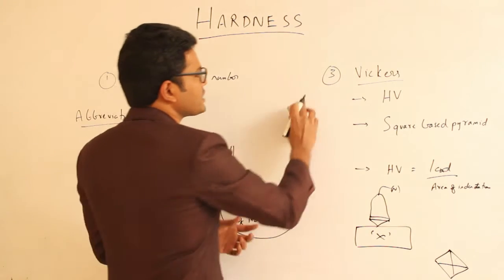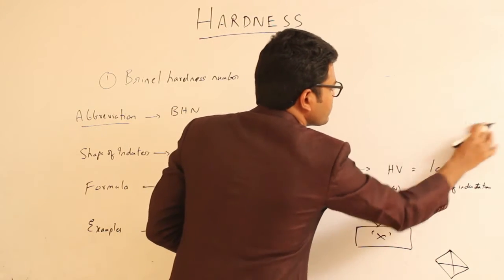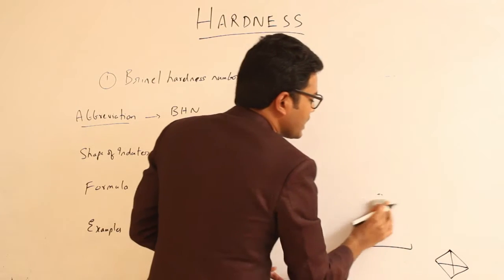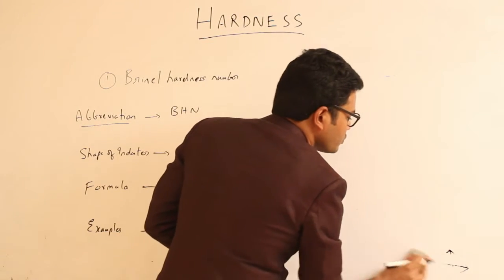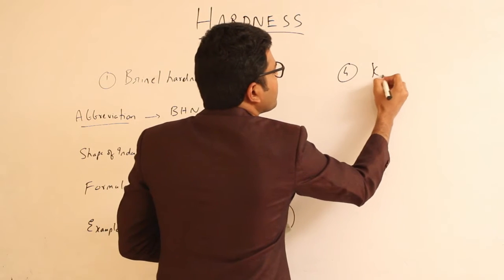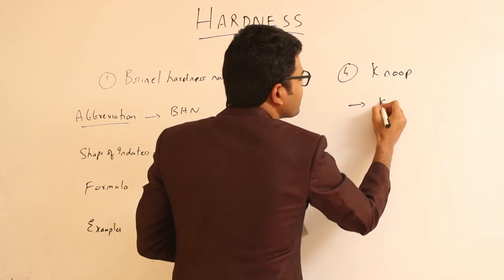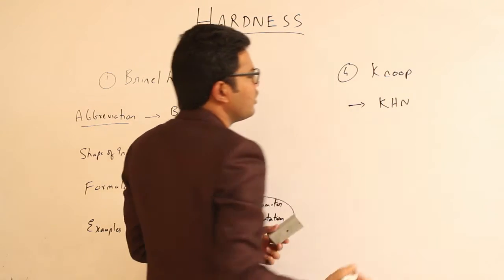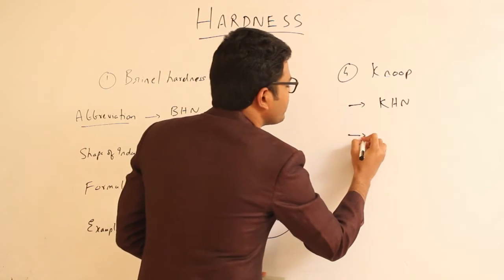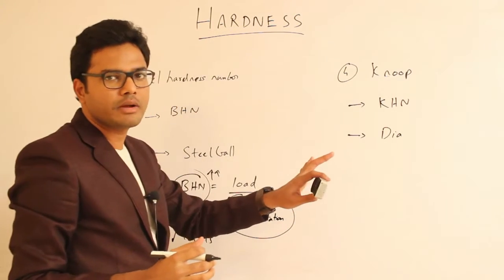Now moving on to the next test, that is Knoop Hardness. So Knoop Hardness is also a micro hardness test. Write that as Knoop. It's abbreviated as KHN, Knoop Hardness Number, and the shape of the indenter which is used, they haven't really mentioned the shape in Phillips.